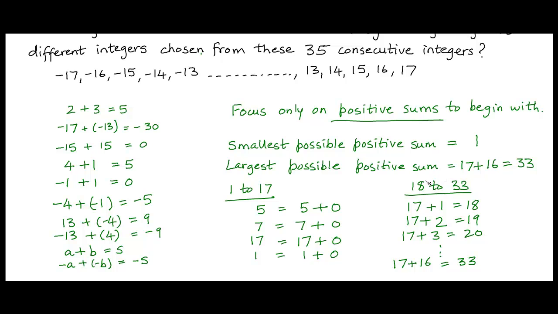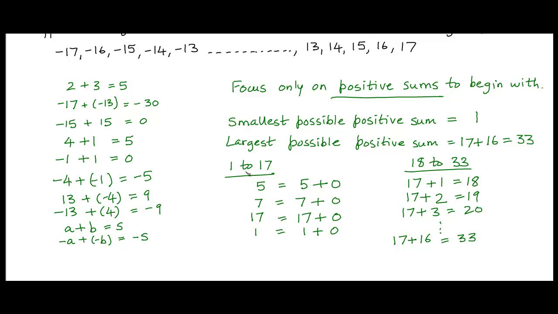So all the numbers from 18 to 33 can be generated as positive sums, and therefore all the numbers from 1 to 33 can be generated as positive sums.